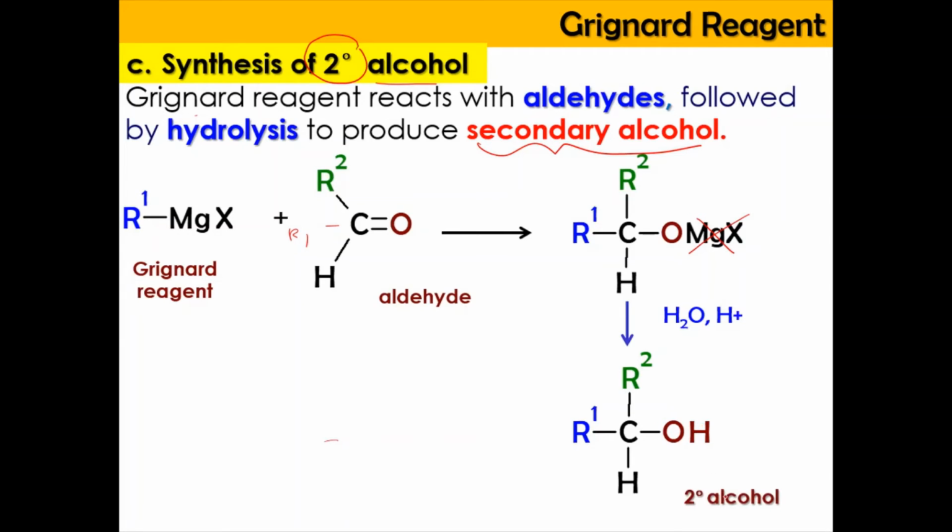This produces a secondary alcohol because the carbon attached with the hydroxyl group is attached with 2 alkyl groups. When it is attached with 2 alkyl groups, it is a secondary alcohol. The side product we are producing is MgOHX. Okay, so this is the step by step.